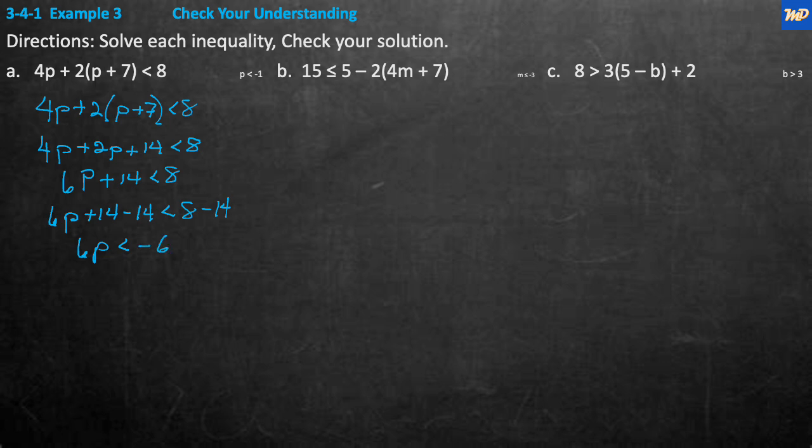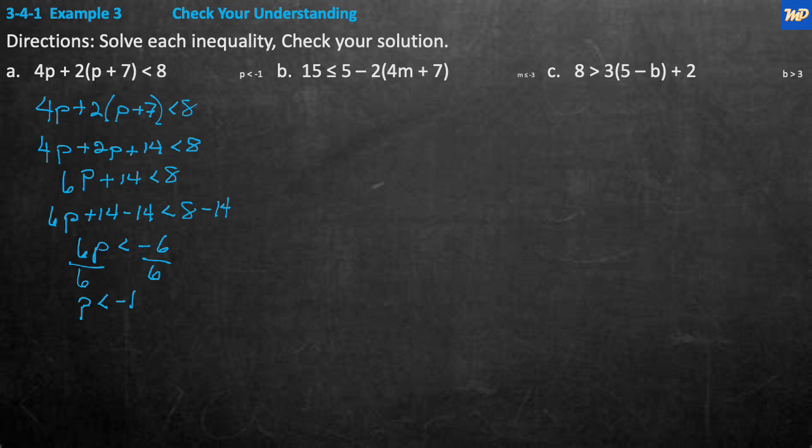So in order to clear this multiplication, to undo the multiplication associated with the p, the coefficient 6, we're going to divide both sides by 6. And by doing that, we're going to have 6 on this side and 6 on this side. We did not divide by a negative number, so our sign will not change. So we're going to have p is less than negative 1.